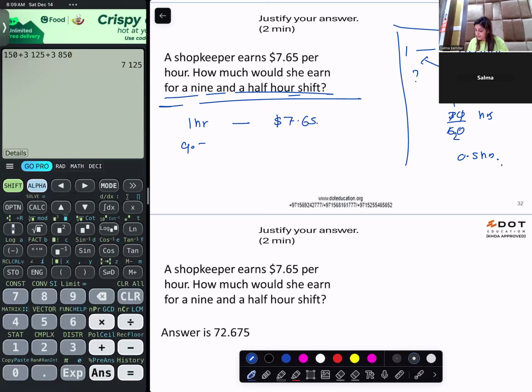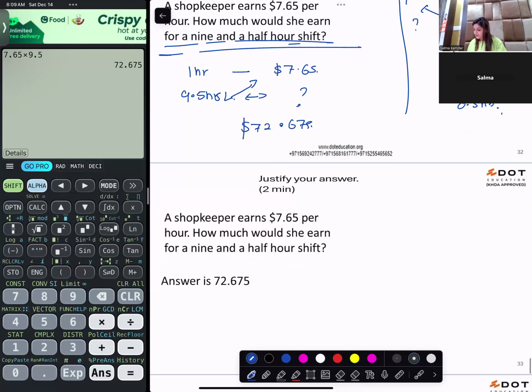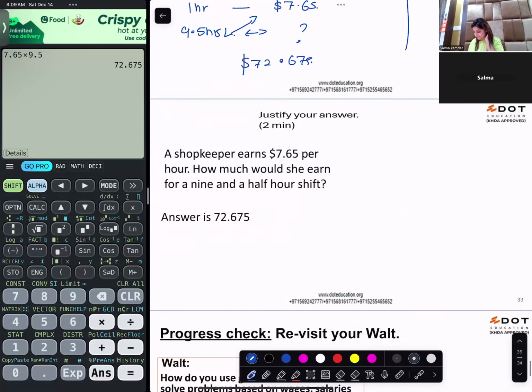So for 9.5 hours, how much is she going to earn? I will cross multiply. 7.65 into 9.5. So the shopkeeper is going to earn $72.675 for a 9.5 hour shift.